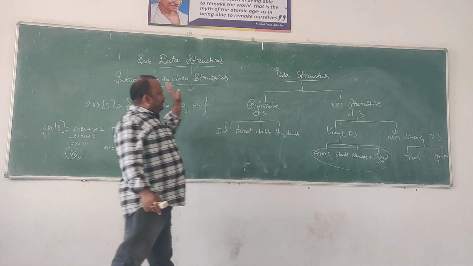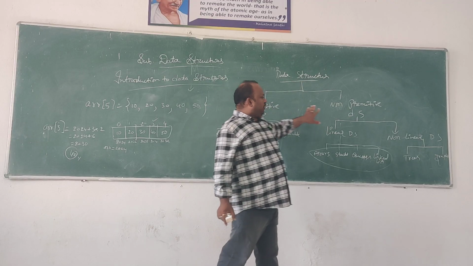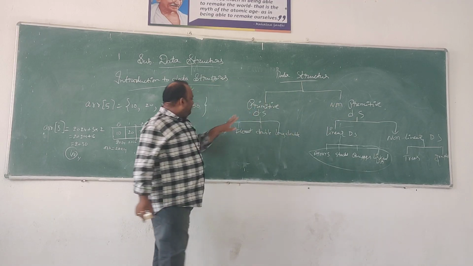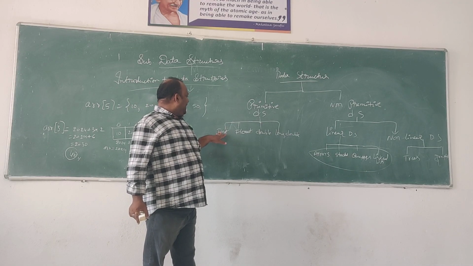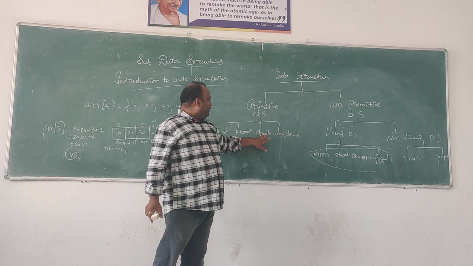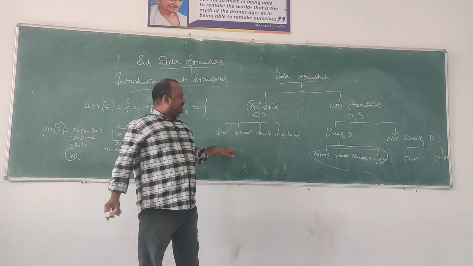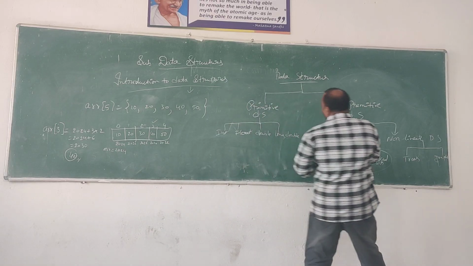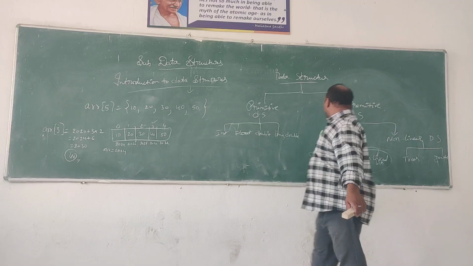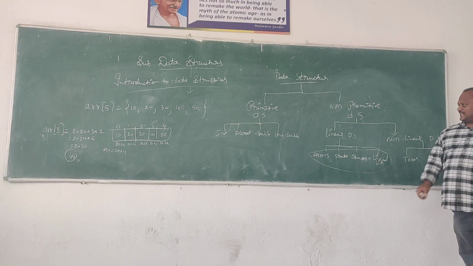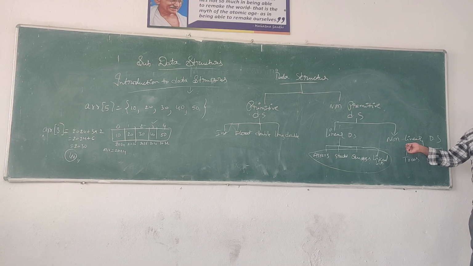I already explained that in data structures, primitive and non-primitive data structures are there. In the primitive data structures, we learned in the C programming language about integer, float, double and long double data types. All these come under primitive data structures. The main topic of this introduction is non-primitive data structures, divided into two parts, linear and non-linear.